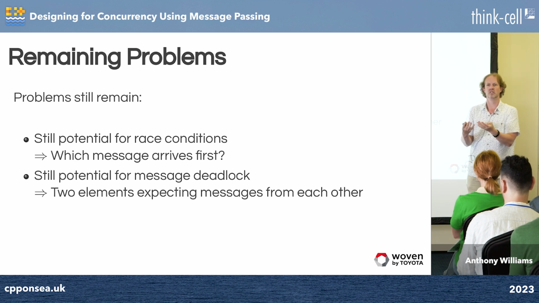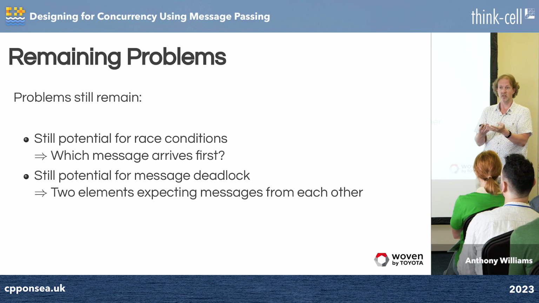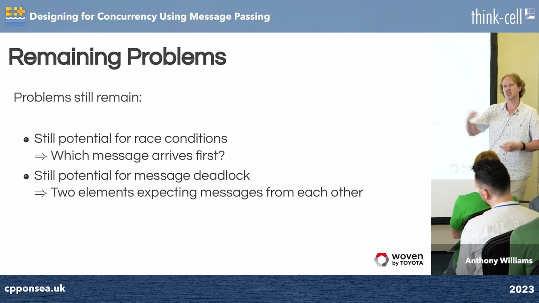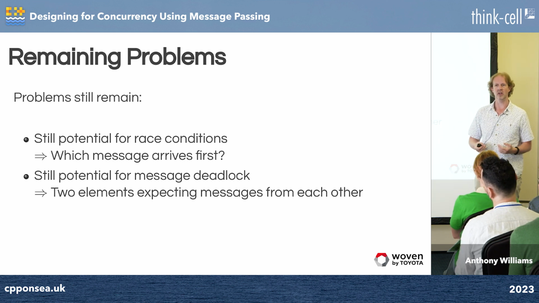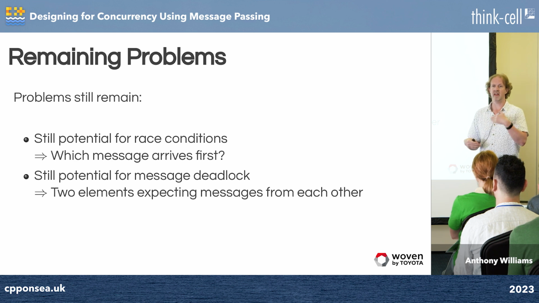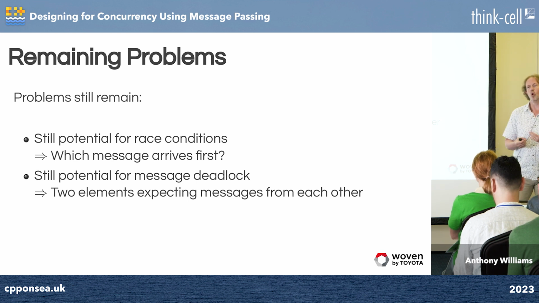Which one gets there first? Does it matter? That depends on how you've designed your application. Overall, you try to structure it so that it doesn't matter which other things send in which order. But that's a bigger application design issue rather than a framework issue or a low-level data race issue.